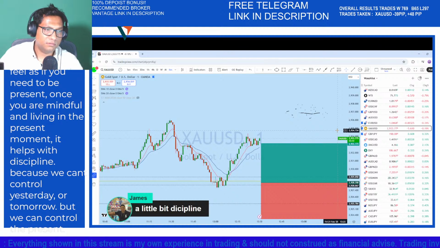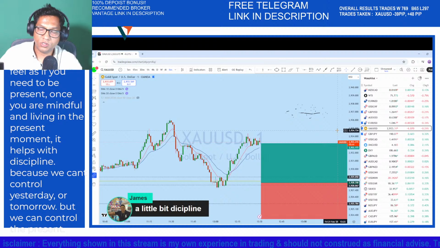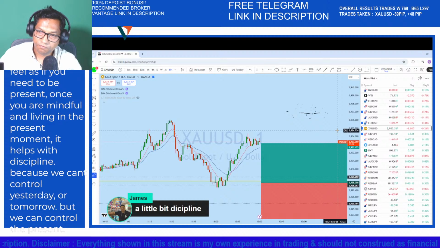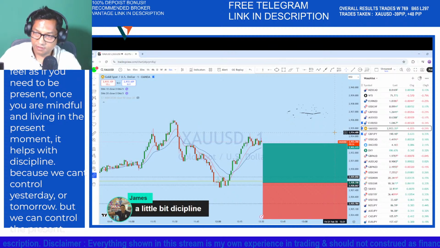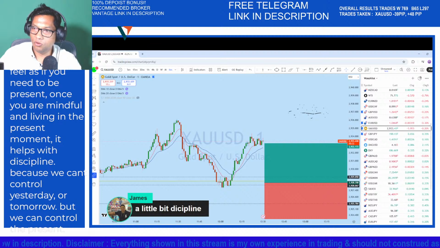They are like gems, real institutional traders who know how the market moves. That's why our strategy, like the concept of liquidity, price action, and market structure, you will not find anywhere.